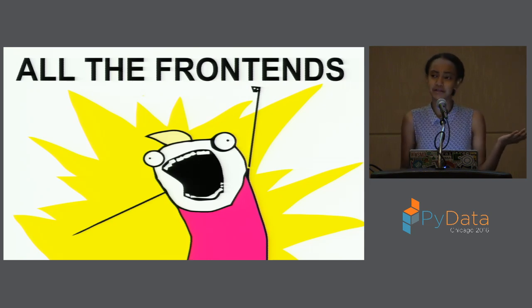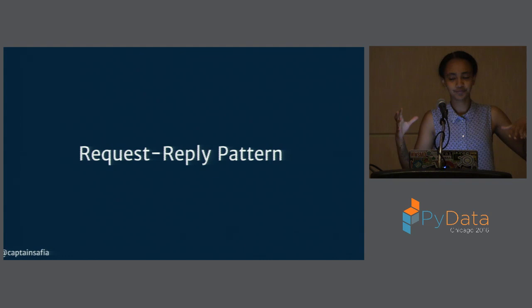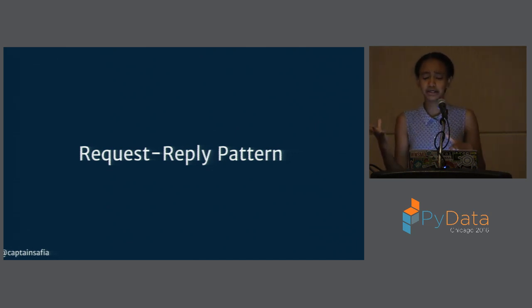So it's responsible for communicating with all of the front ends, and it does this using a request-reply pattern. What happens is we've got a front end and it sits there. It wants something done, so it's going to package a message in that format that I showed you earlier and send it through that port to the socket, through the socket to the kernel.